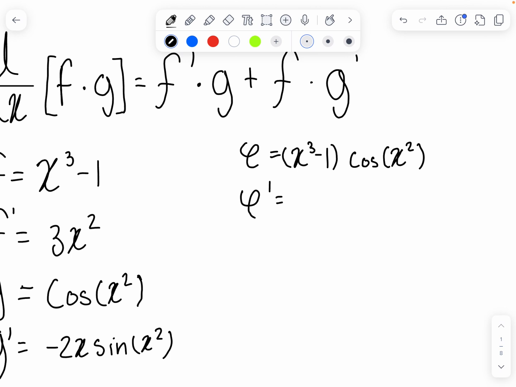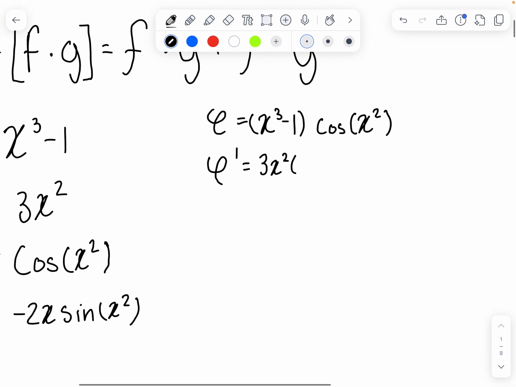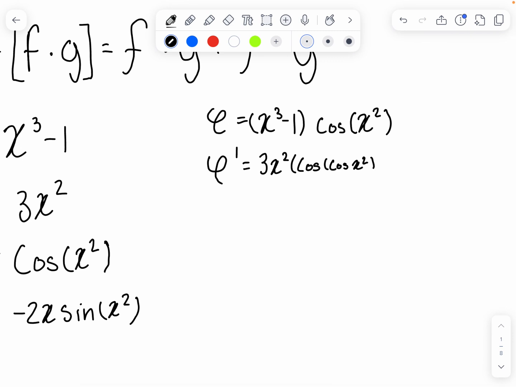So that would be 3x squared times, and now it's g, so cos x squared.